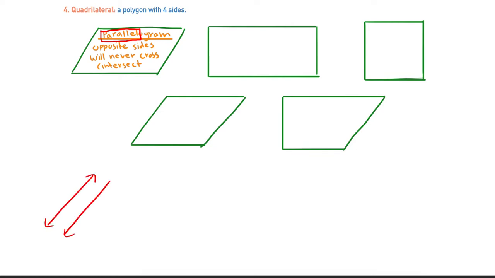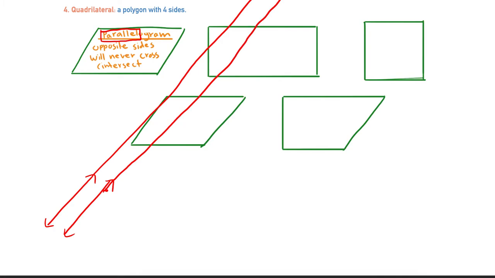So these two red lines are parallel to each other, because even if I stretch out this line forever and ever and ever, and if I stretch out this line also forever and ever and ever, these two lines will never cross each other, okay? Even if it goes on for 500 miles, it will never cross each other because they are parallel to each other.